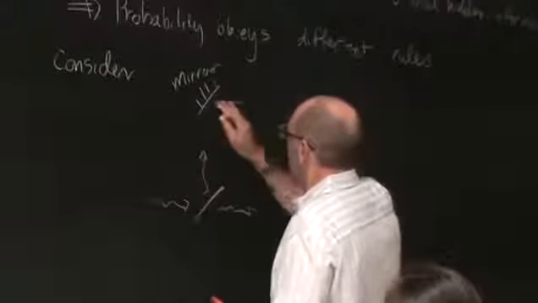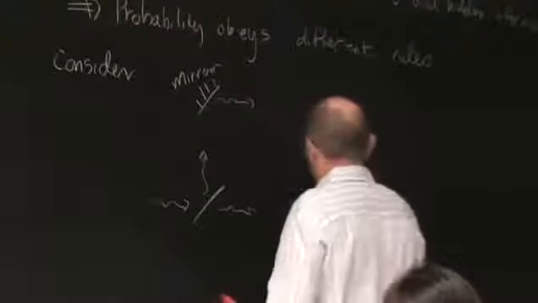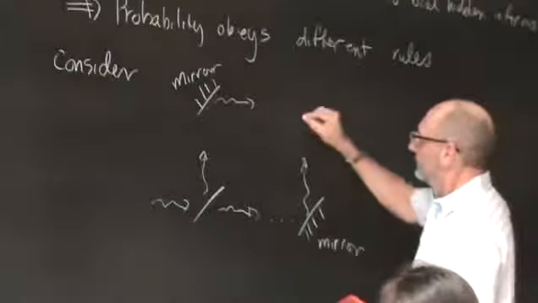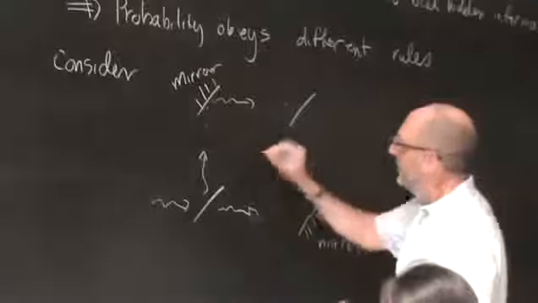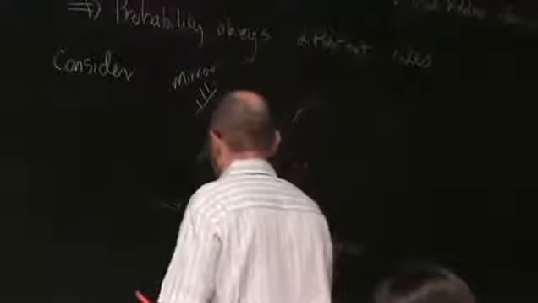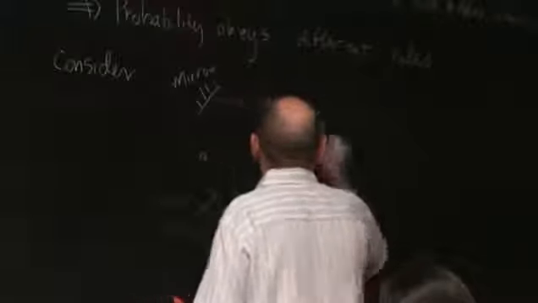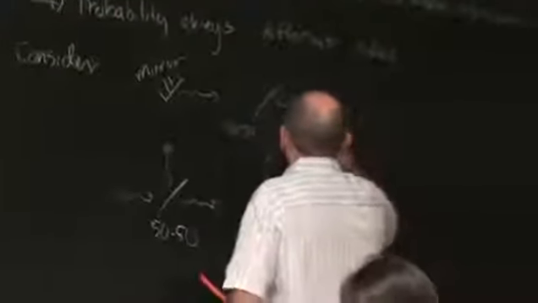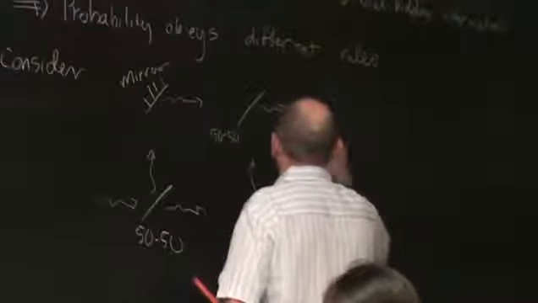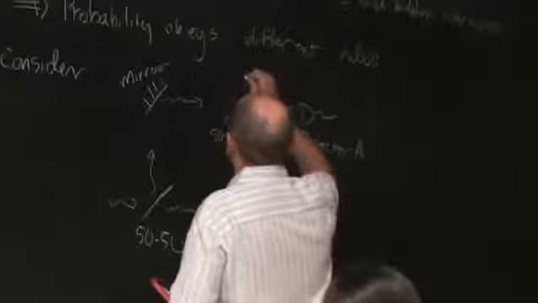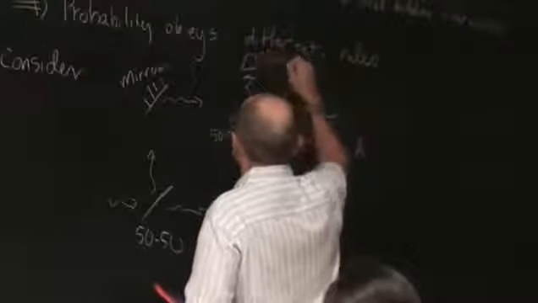And so now this mirror reflects these, and they come back to this point. And at this point, I put another 50-50 beam splitter. And now I put a detector here and another detector here.